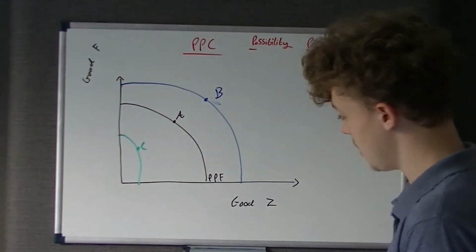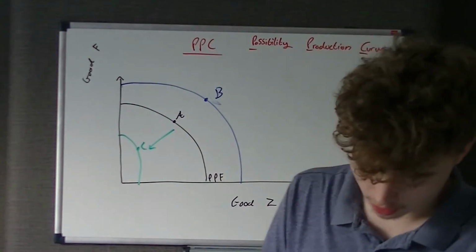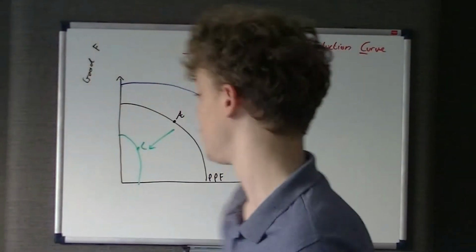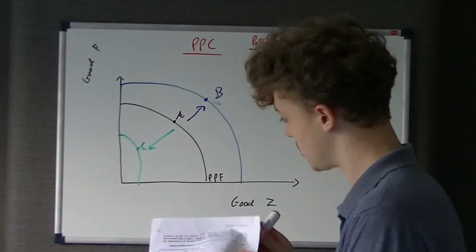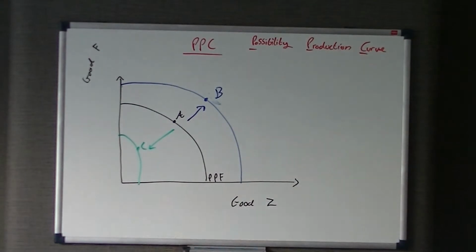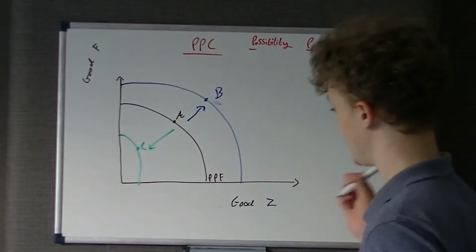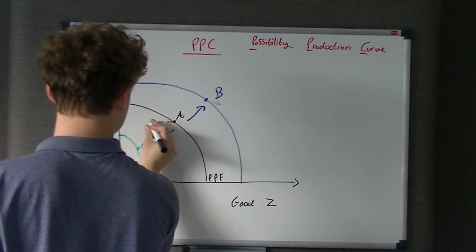Now you can see from A to C we've gone inwards. It looks like the economy has shrunk, not to use that term, but basic stuff. And A to B, it looks like the economy is growing. So we can draw the production of each good at individual points.